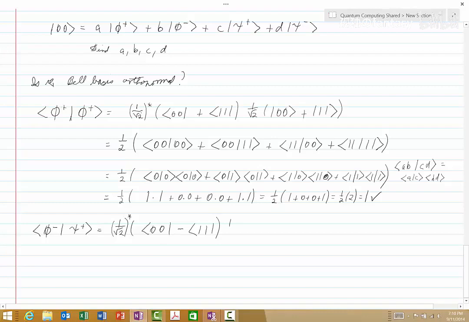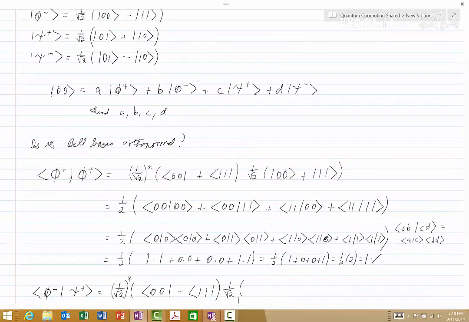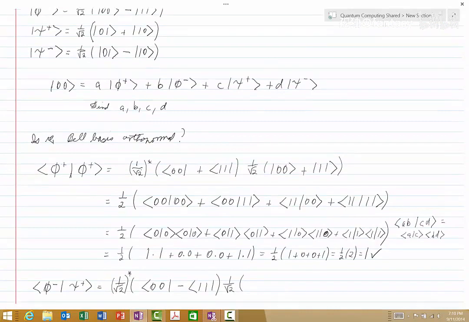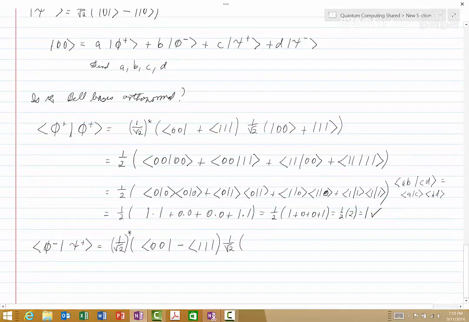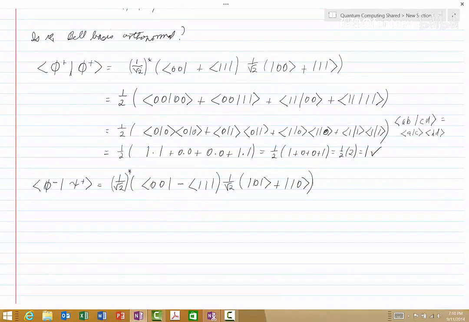And then for psi plus, we have 1 over square root of 2 times 0, 1 plus 1, 0. Now, if this is an orthonormal set, then these should be orthogonal to each other, and we should get 0. So let's see if that's the way it turns out.